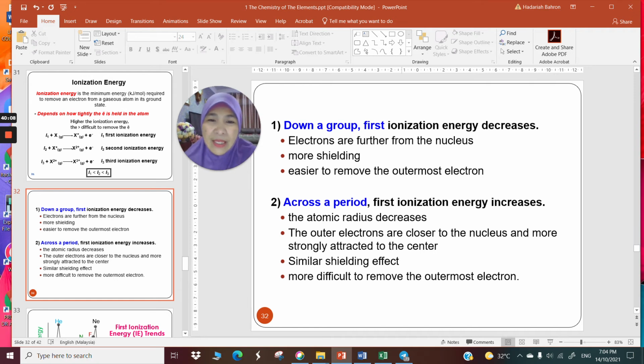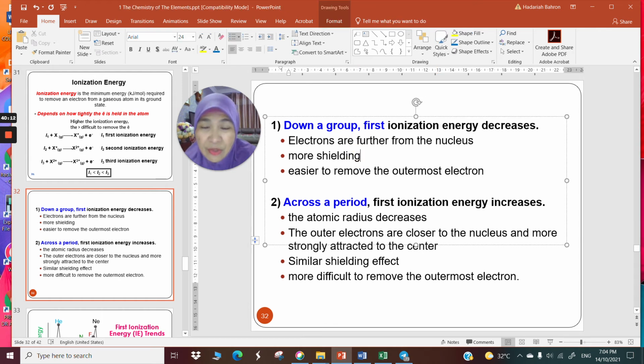Electrons are further away from the nucleus, so there is more shielding. The further away the electron is from the nucleus, the more shielding it experiences, and the easier it is to remove. Now, if you go across a period from the left to the right of the periodic table, the first ionization energy increases.